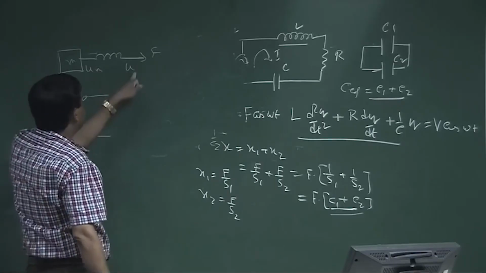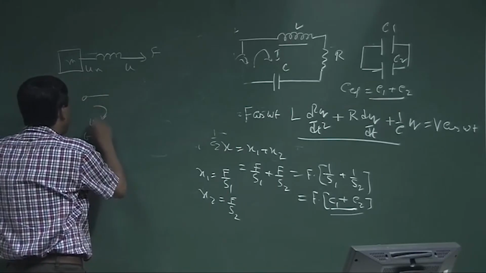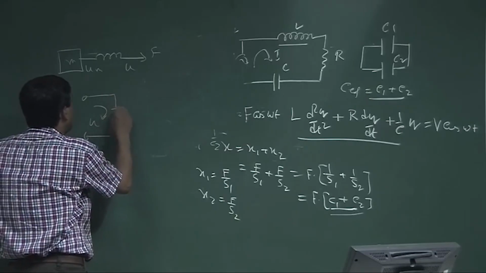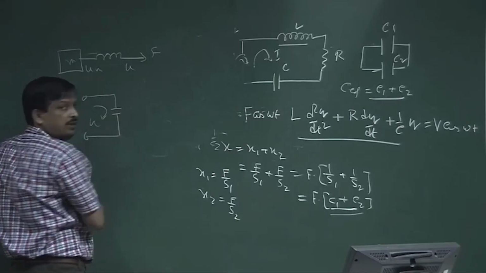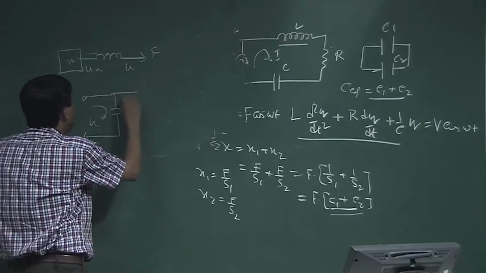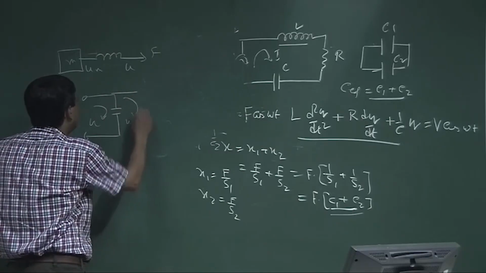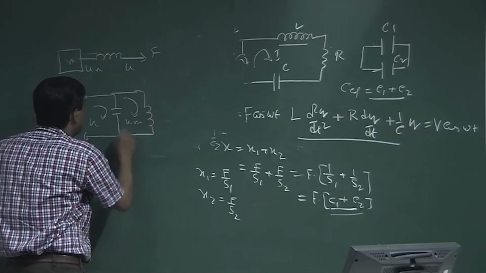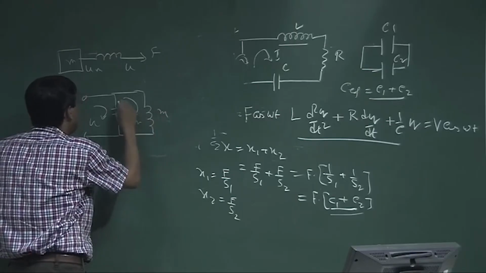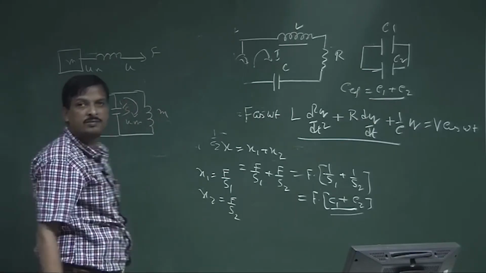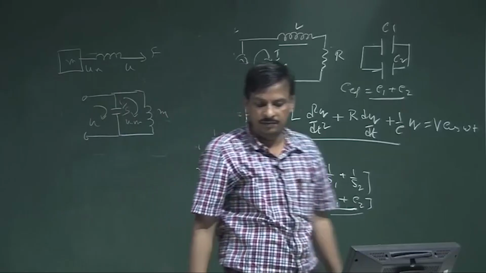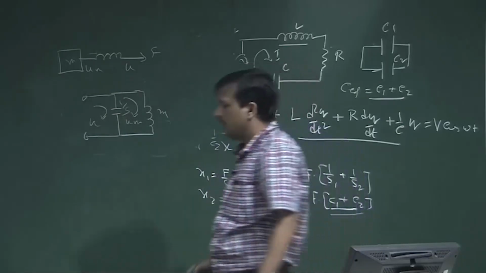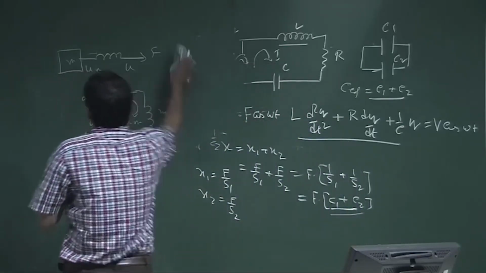Who sees the u current? The spring sees the u current, and the spring is nothing but a capacitance, and um is seen by the mass. So, this is M and this is 1 by S. Okay.